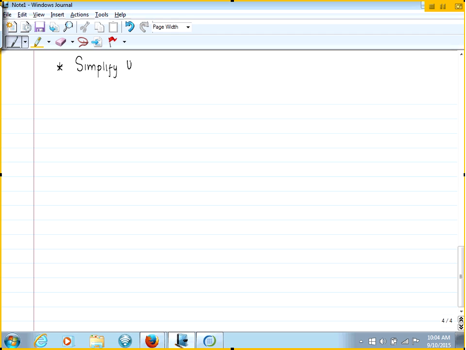Simplify using distributive properties. All right. So it looks like this. Number 1. 3x minus 6x plus 7.